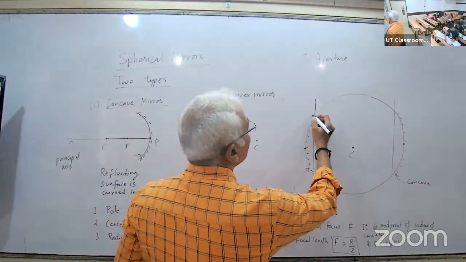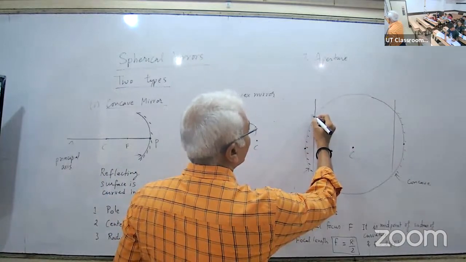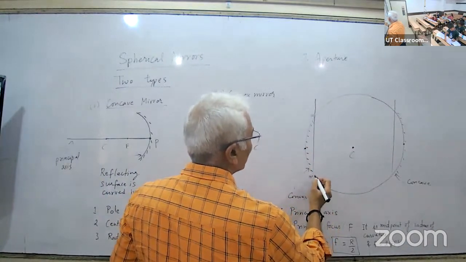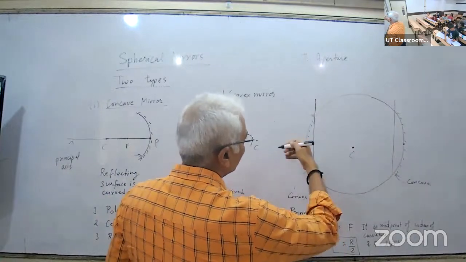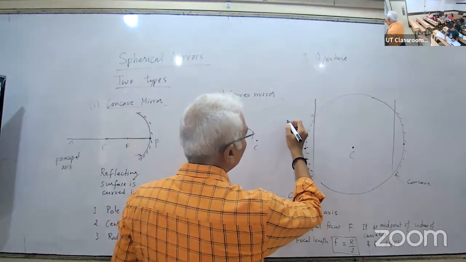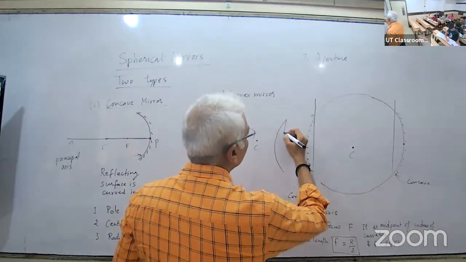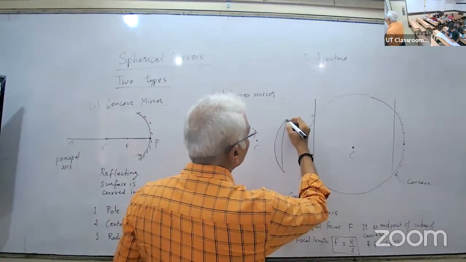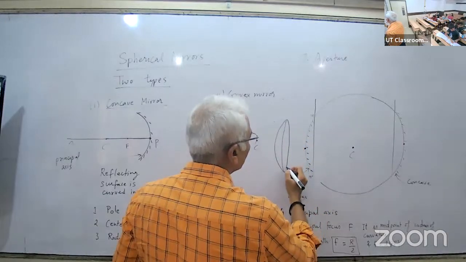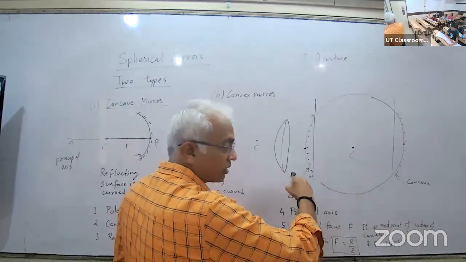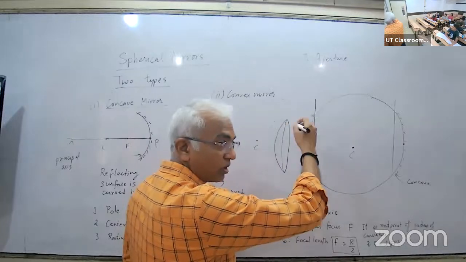So if I call this as dash. So when you see it in 3 dimensions, the mirror will be seen like this, like a bowl. So it has a curvature and it has an edge like a bowl, right?